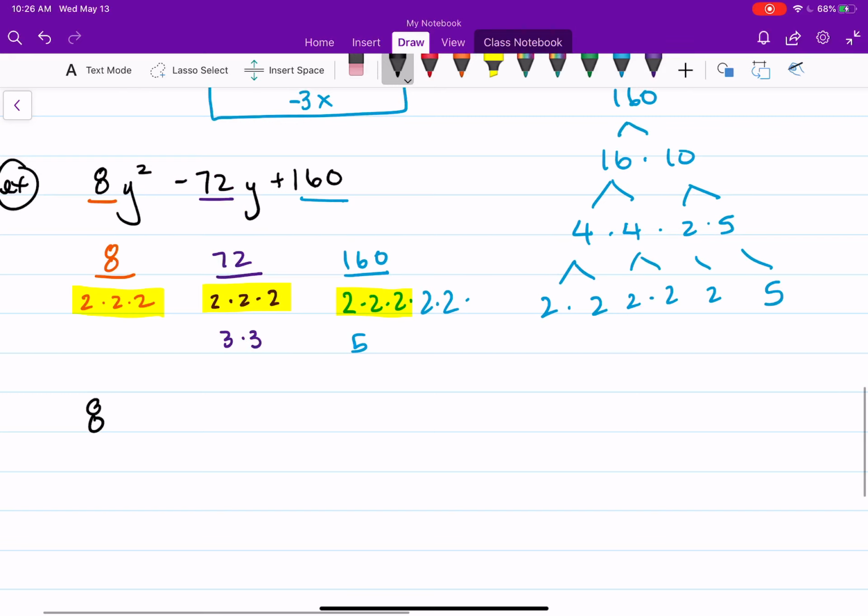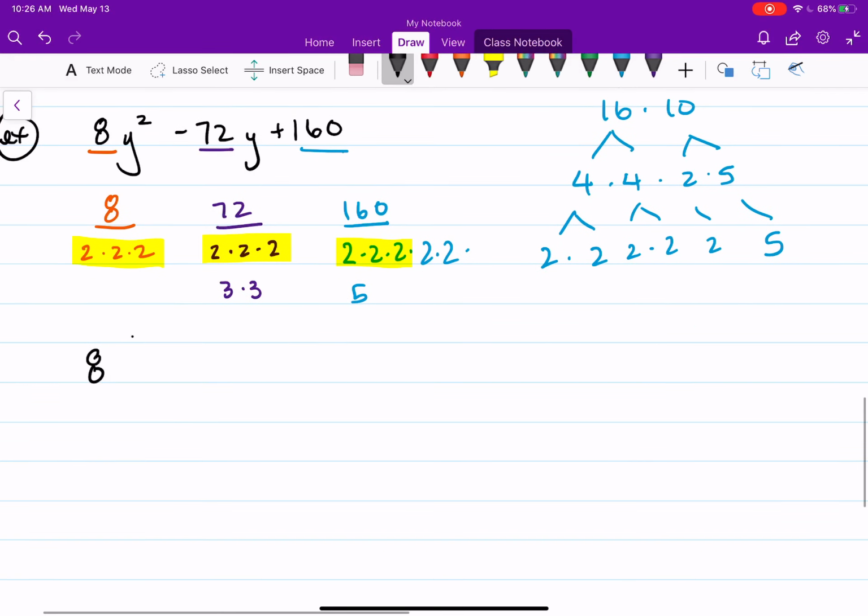If I pull 8 out, what do I have left? I have nothing else left here, so all I have left is a y squared. Minus, what do I have left here? I got 3 times 3 left, so I have a 9y left. Actually, I probably shouldn't use those markers, not yellow.